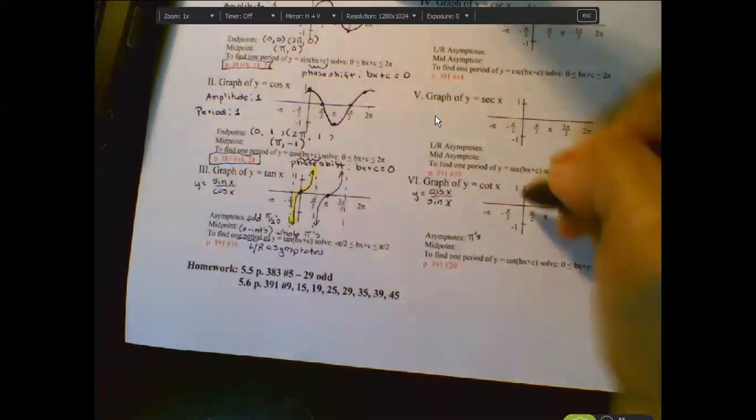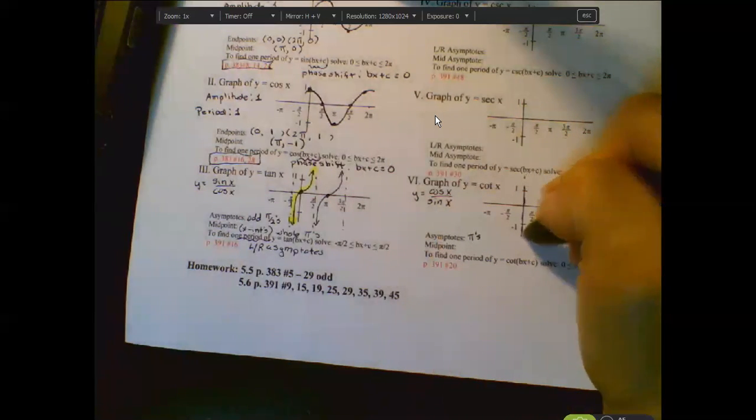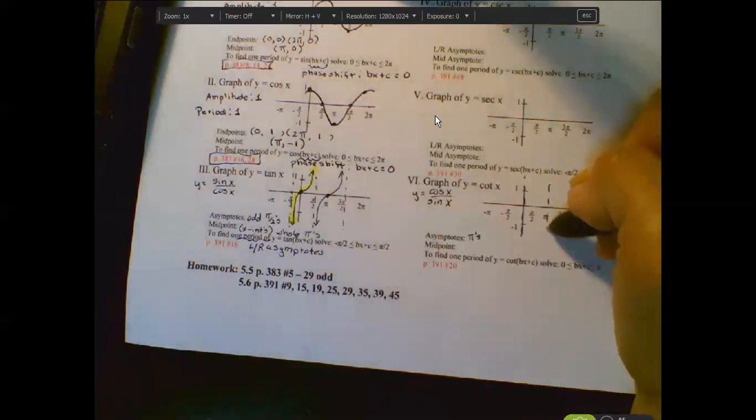Sine is 0. Yeah, wherever sine is 0. And is that half pies or whole pies? Whole pies. That's whole pies. So it's going to have a vertical asymptote on the y-axis and at 1 whole pie and 2 whole pies.